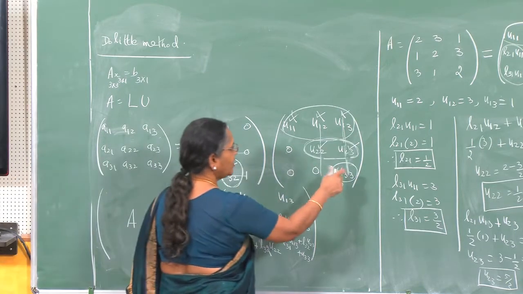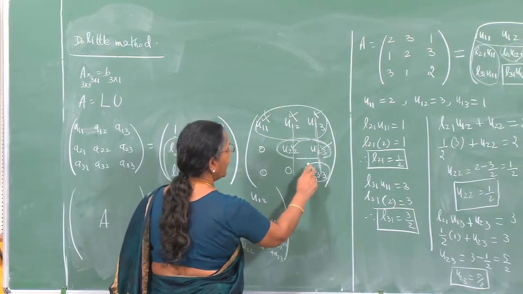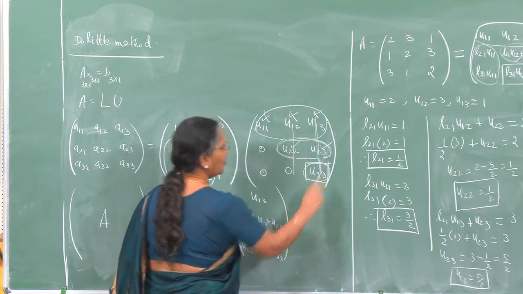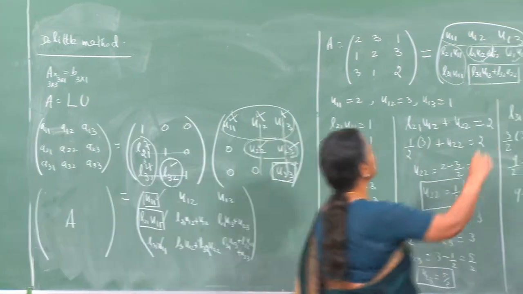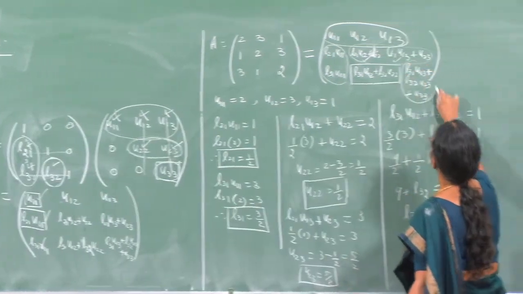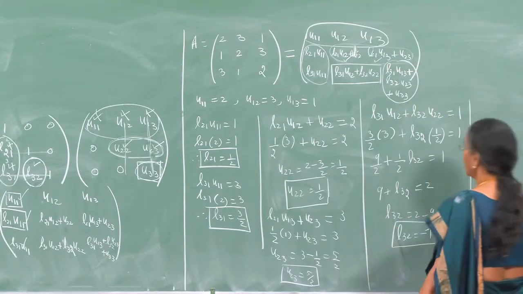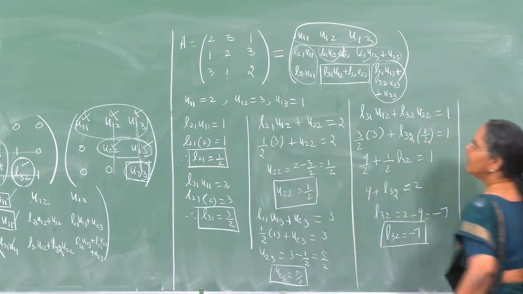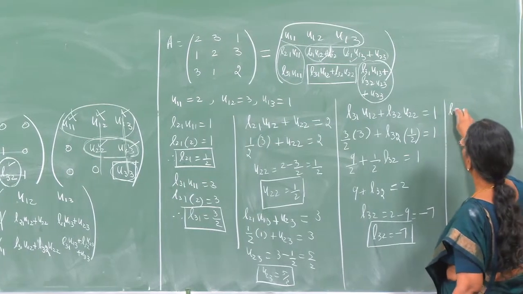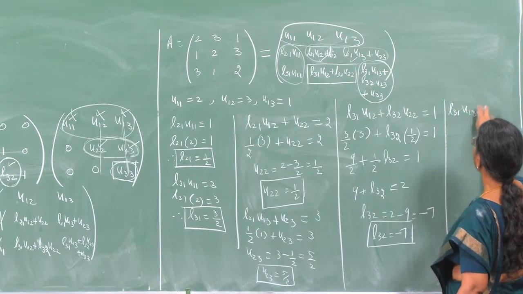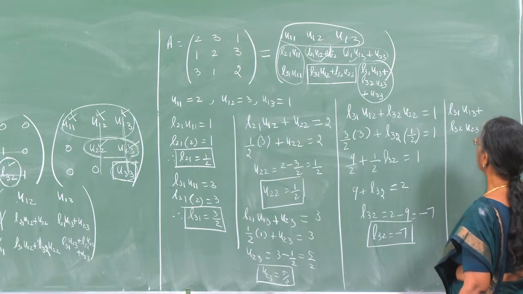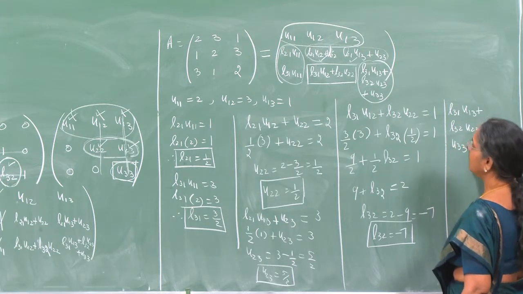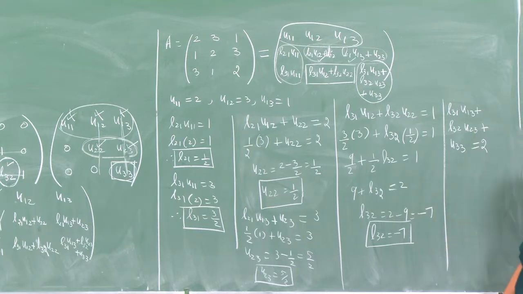The only unknown that remains is the entry in the third row of the upper triangular matrix. So, we equate this entry to the corresponding value in the A matrix. So, L31 U13 plus L32 U23 plus U33 must be equal to 2.